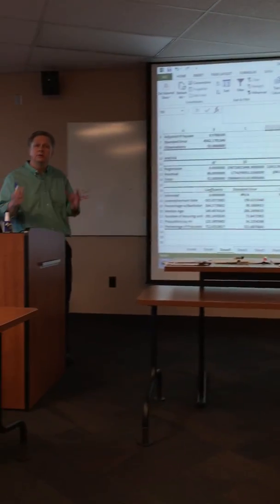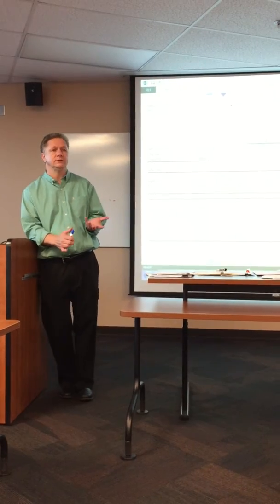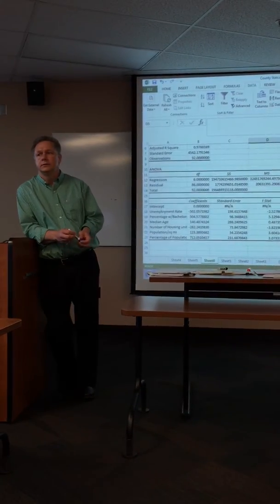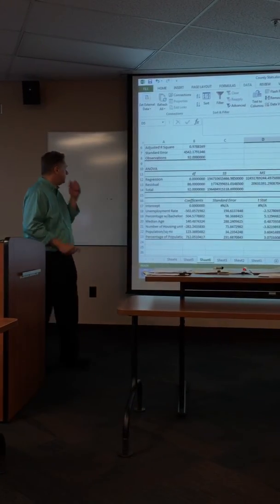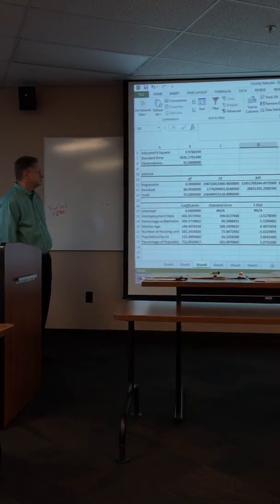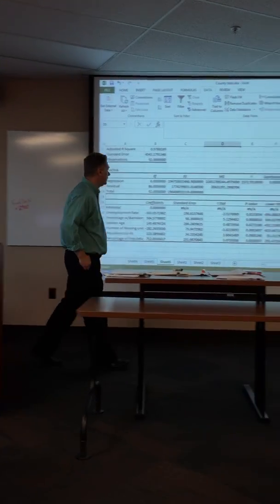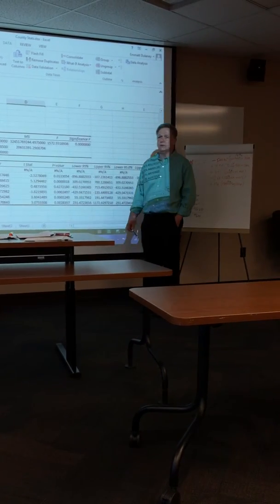What changed? Now I'm including both the median age and the percentage of population between 25 and 64. What happened? What is it? Median age is insignificant. Yeah. Now median age, which just a moment ago on the other spreadsheet was significant, now it's not.